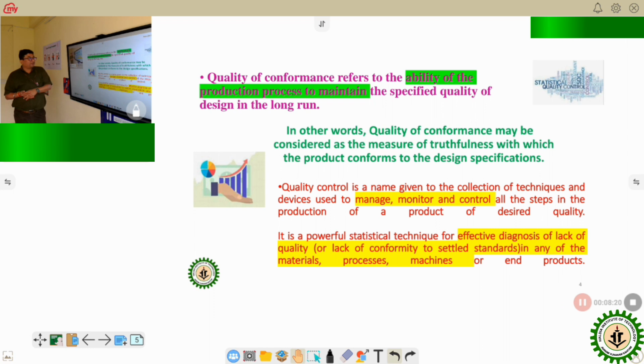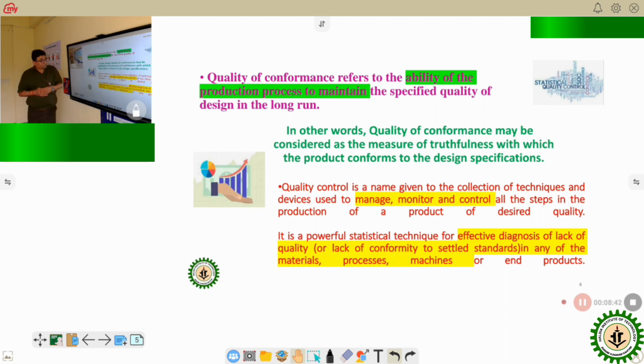I have highlighted it: the ability of the production process to maintain the specified quality of design in the long run. That means if I generate a product which does not have proper utility, I will not be in a state to sustain.